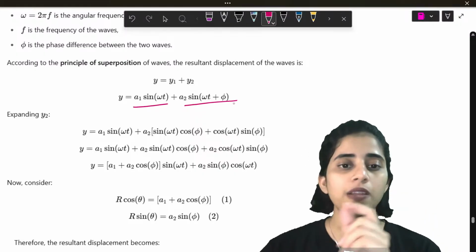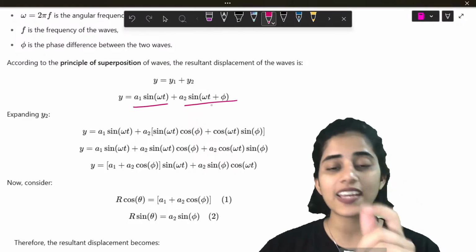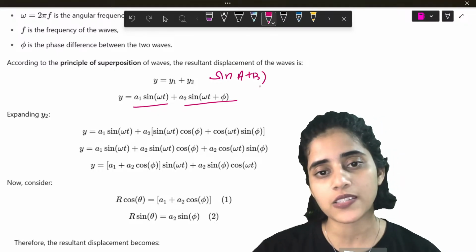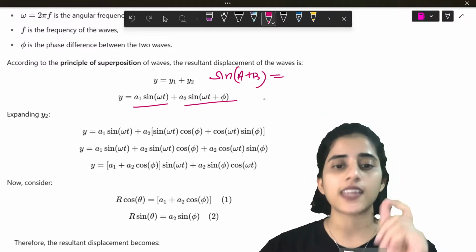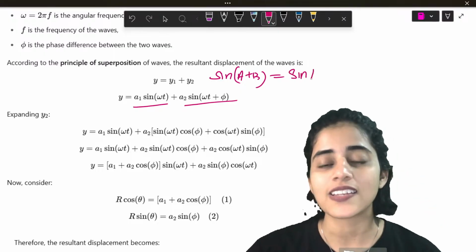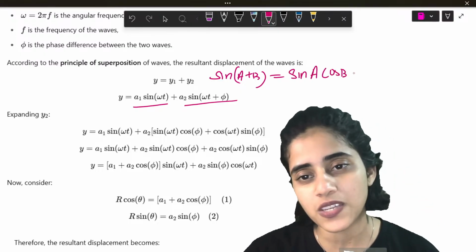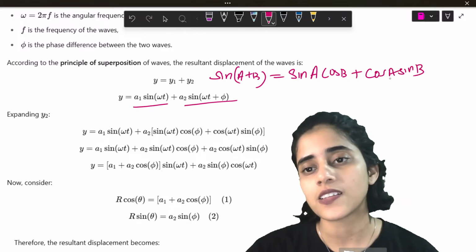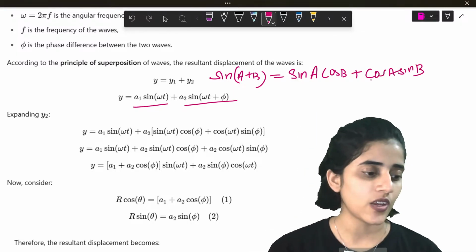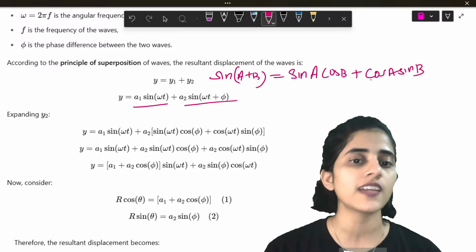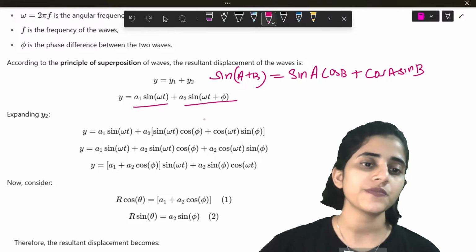Sine theta plus phi, means sine A plus B, is what? Sin A cos B plus cos A sin B.